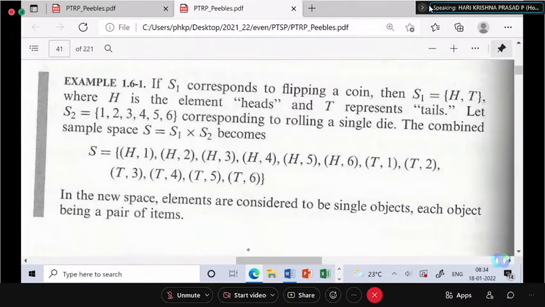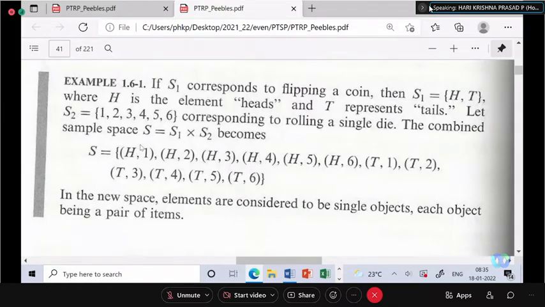When you see the elements of the combined sample space, capital S, you will see that in the first ordered pair, which is shown by the cursor, I am trying to place the cursor here. I hope you are able to see the cursor.